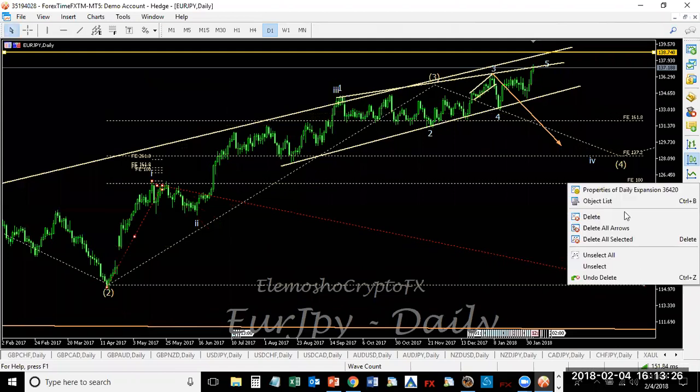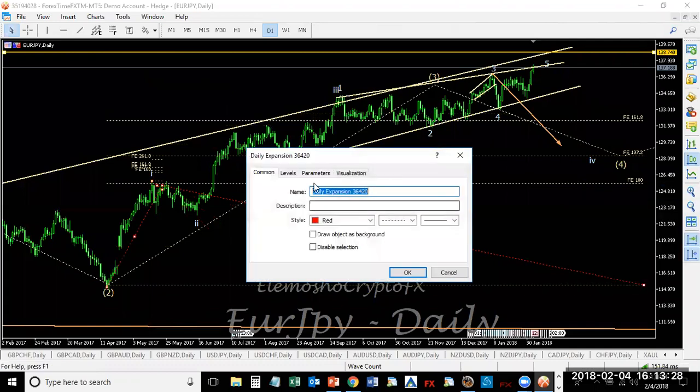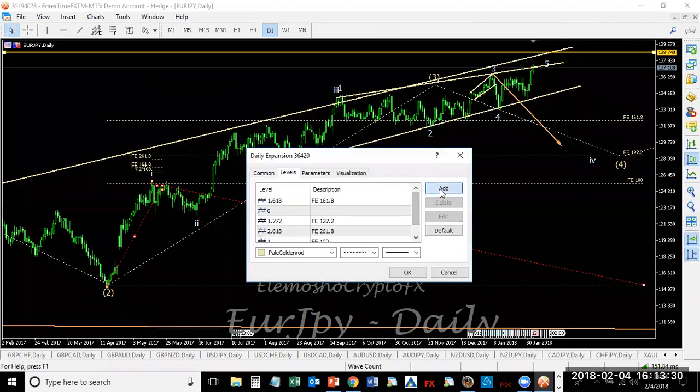So if I want to find the next level, for instance, I can find the next level to be either 2.0 or 2.618. 2.0, and this will be my FE 200, and the other key level is 2.618, and this will be FE 261.8.